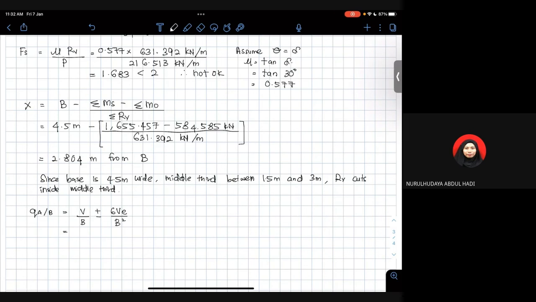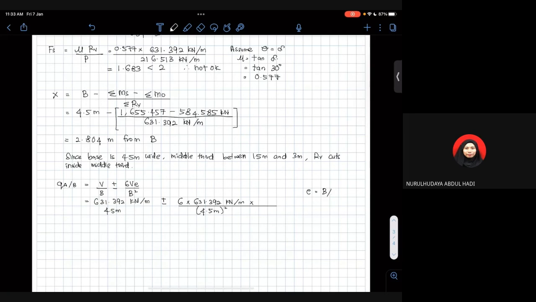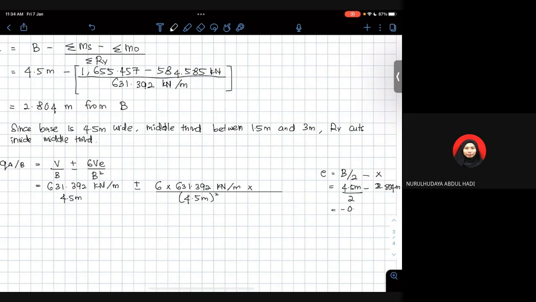Sama je cara dia. E kita punya eccentricity, B/2 minus dengan X. 4.5 meter divide with 2 minus X is 2.804, negatif 0.554. Okay, bila you masuk dalam ni tak payahlah letak negatif tu.